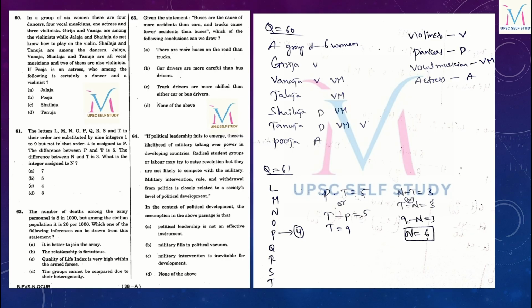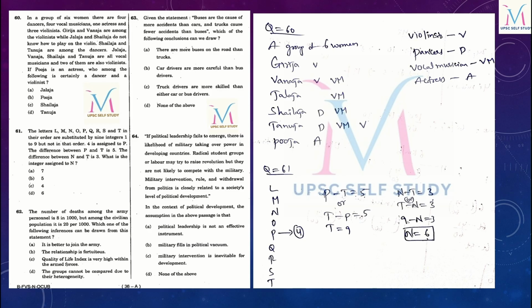Military intervention, rule, and withdrawal from politics is closely related to the society's level of political development. So after the military's intervention and rule, if they withdraw from authority, it is closely related to the society's level of political development.